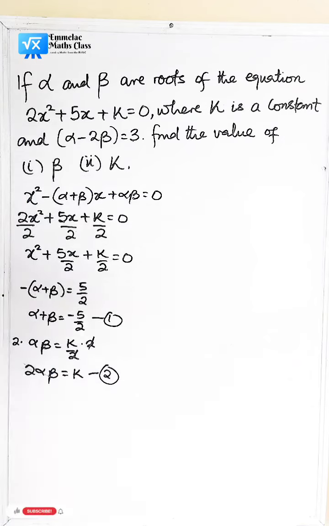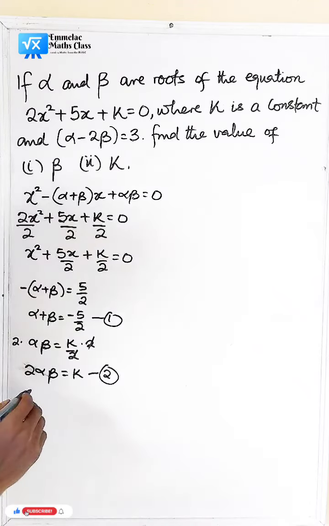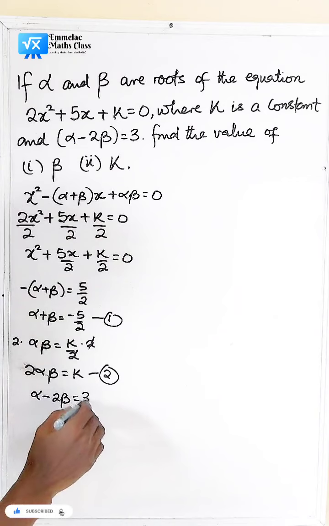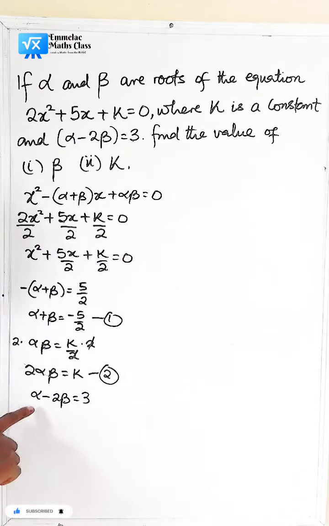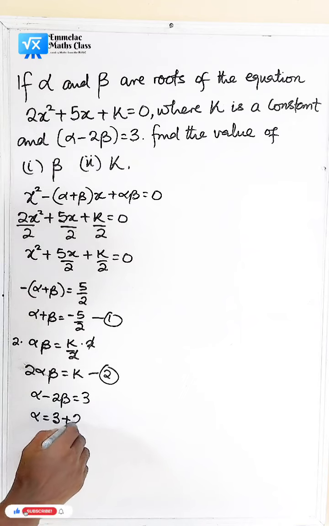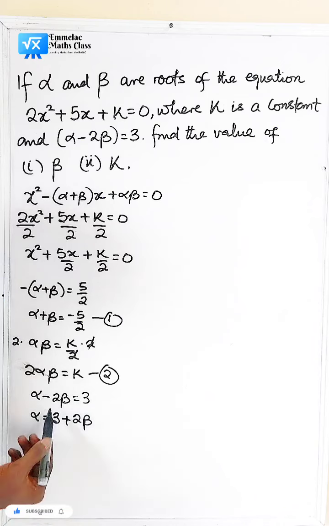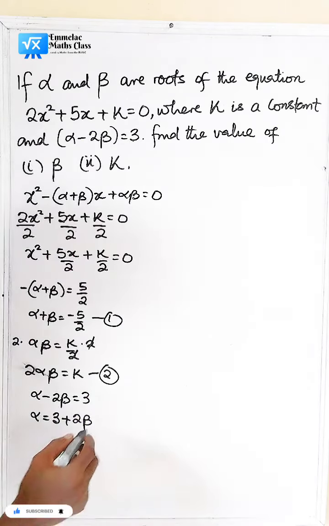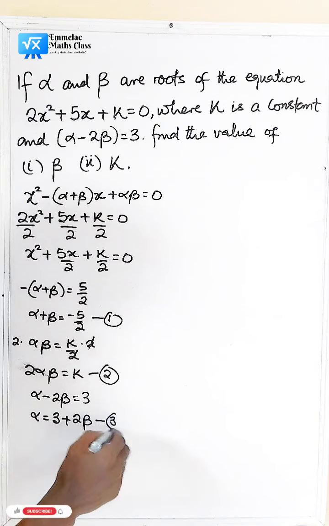Now from the question we are given that alpha minus 2 beta equals 3. Let us make alpha the subject of the formula. So alpha equals 3 plus 2 beta, because if we take negative 2 beta to the right hand side, it becomes positive. Let us assume that this is equation 3.